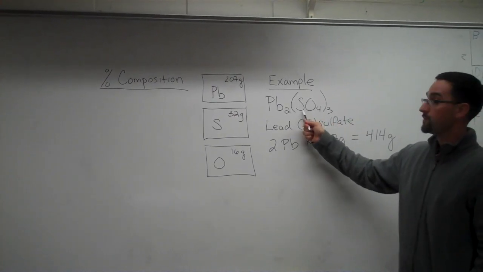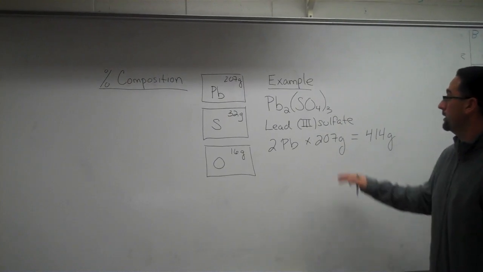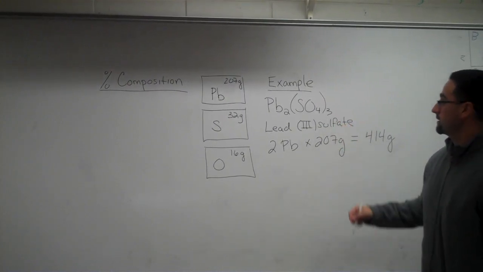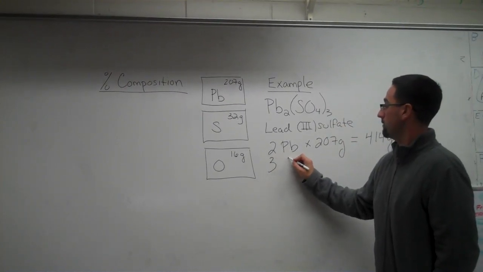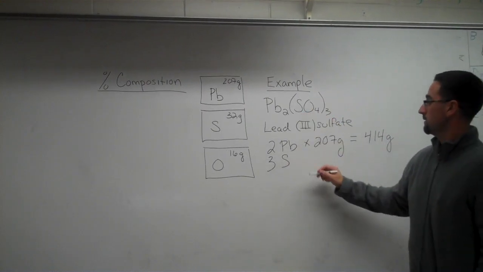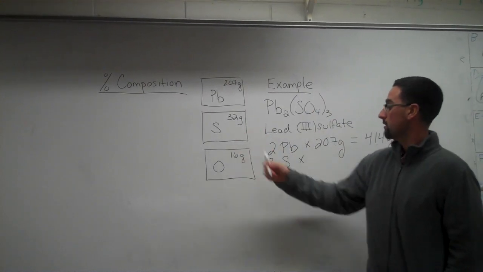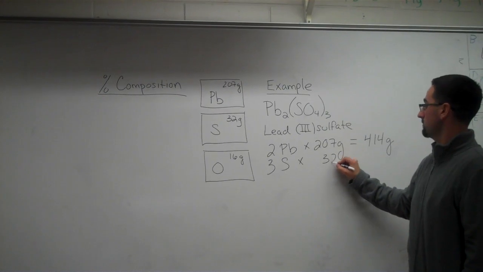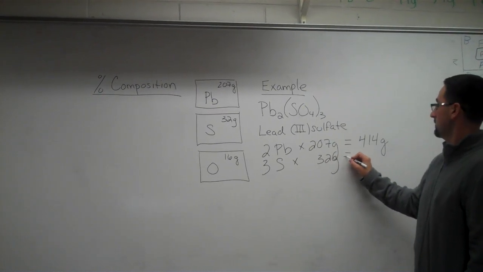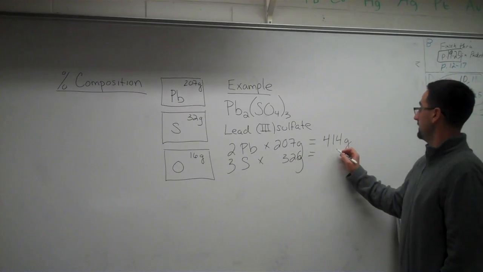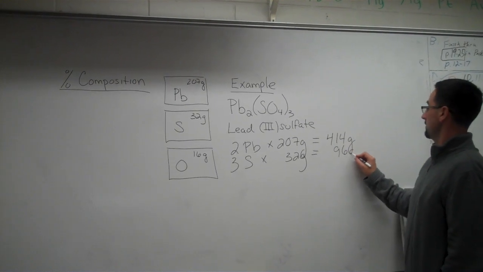There's 3 moles of sulfur in 1 mole of lead 3 sulfate. So this is going to be 3 sulfurs times each sulfur is 32 grams. Let's see, that's going to be 96 grams.